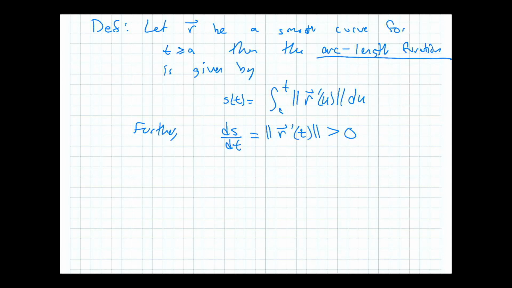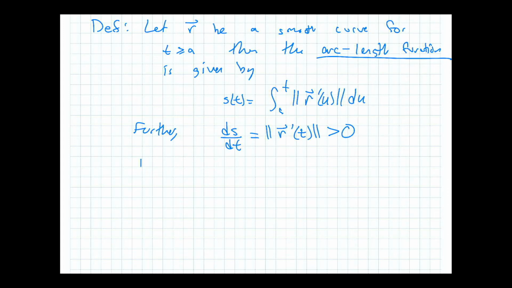So the derivative of s, which is ds dt, would be the derivative of this, which is this by the fundamental theorem of calculus. And that will just be positive.